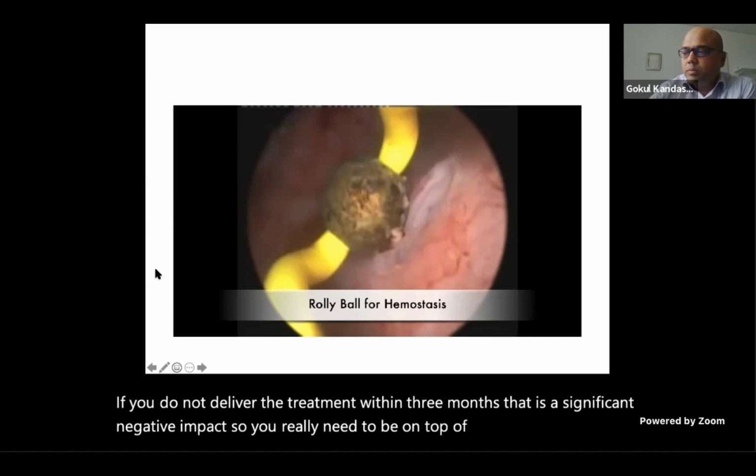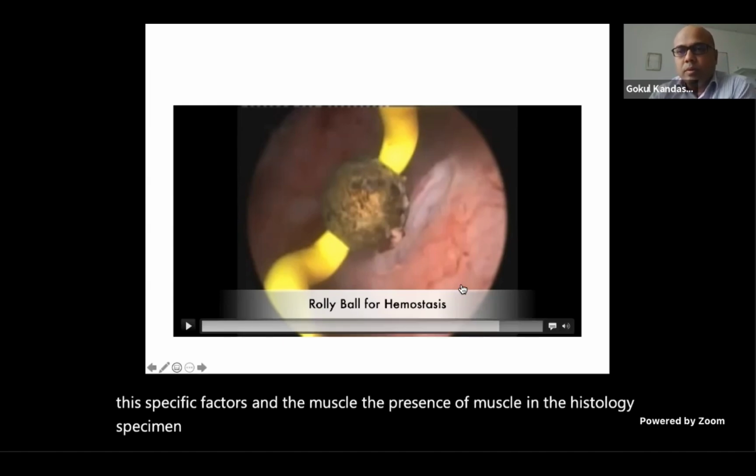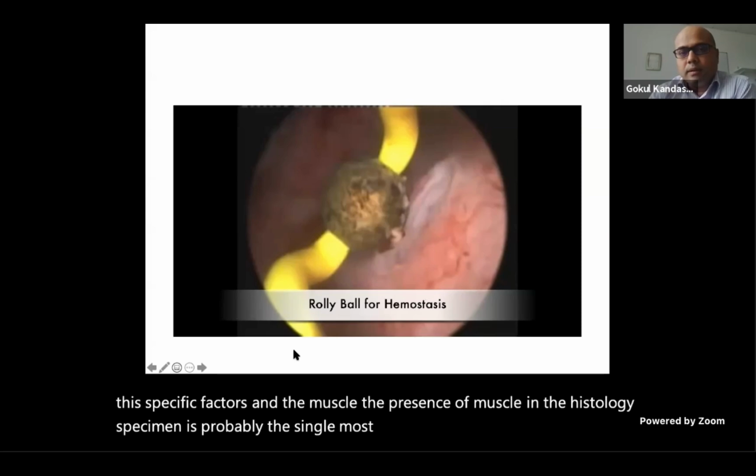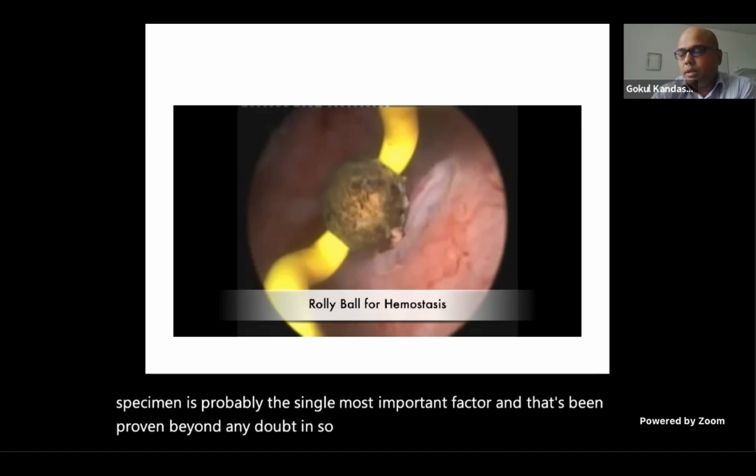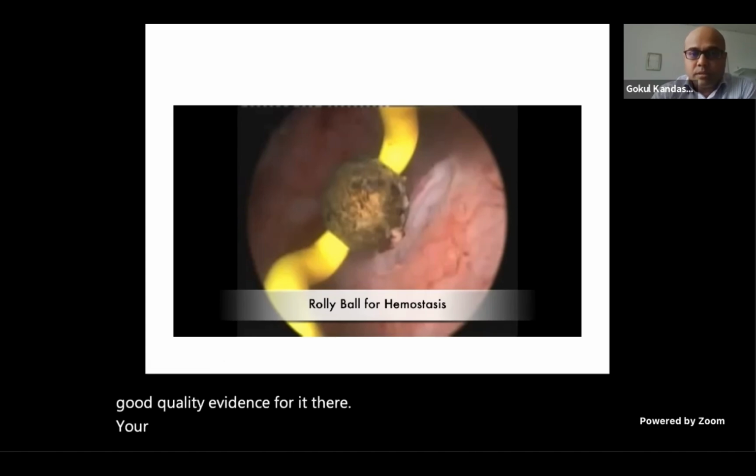When you come to the specific factors, the presence of muscle in the histology specimen is probably the single most important factor, and that's been proven beyond any doubt in so many studies, with a lot of good quality evidence for it. The second one is the mitomycin, which we just discussed earlier.